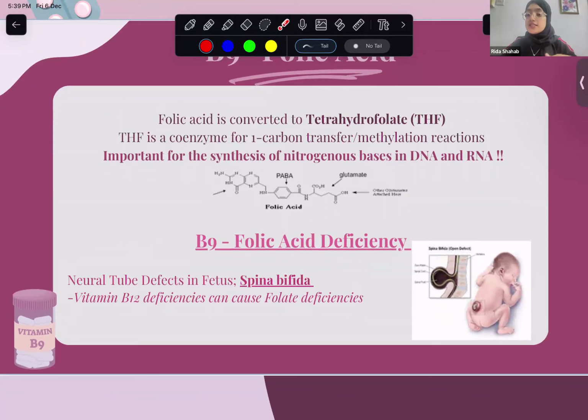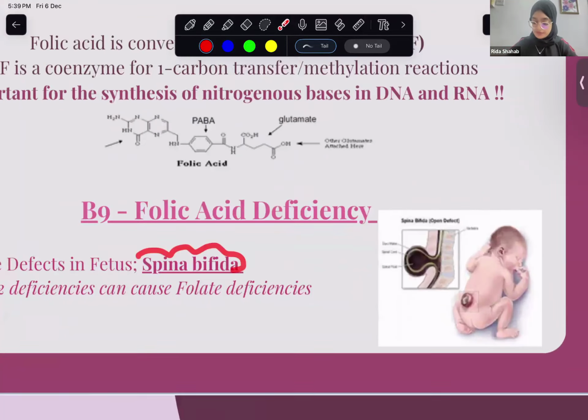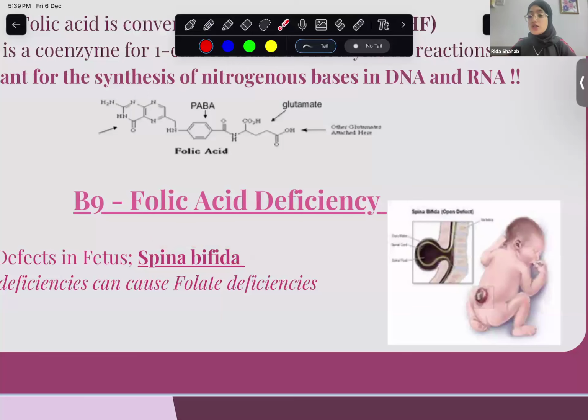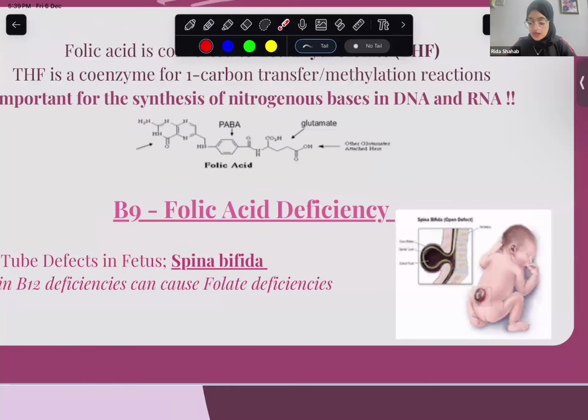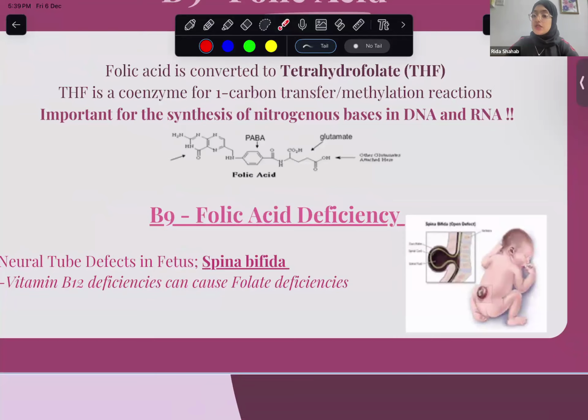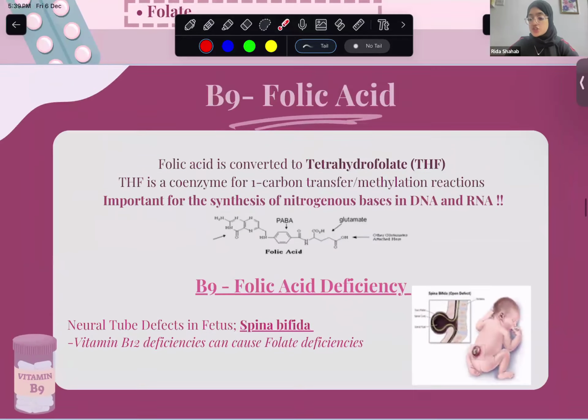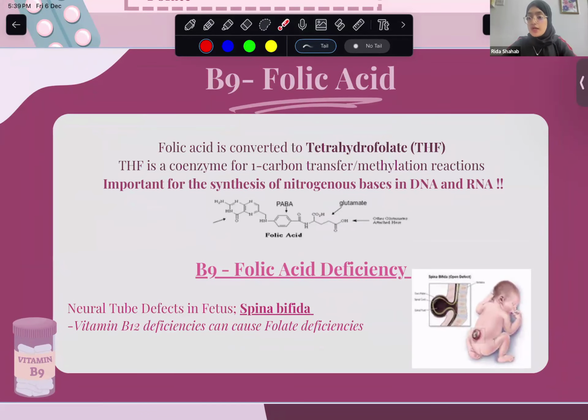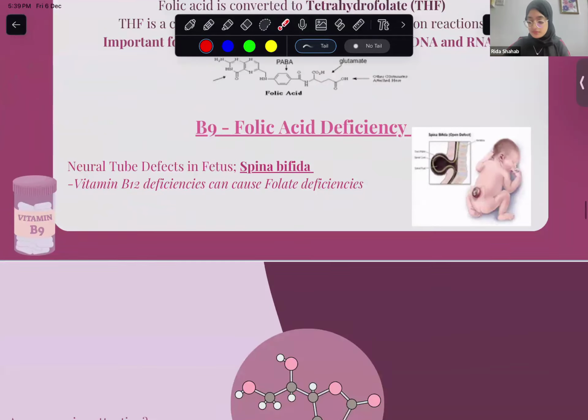A B9 folic acid deficiency usually causes spina bifida. Here's a picture, and it usually causes defects in the fetus, okay? And vitamin B12 deficiencies can also cause folate deficiencies. Because both of these vitamins help in the synthesis of DNA, it makes sense why one would cause the other, okay?